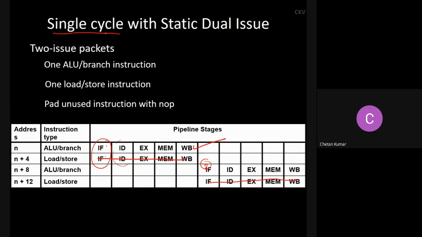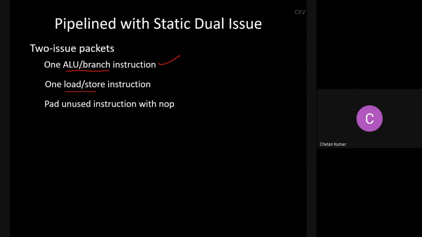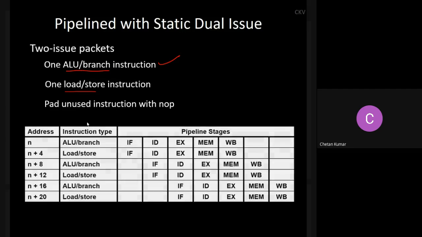The pipeline version will also look very similar. If you take the same example of issue packets, one slot is accommodated by an ALU or branch instruction, and the other slot in the same packet is accommodated by a load store. So this is how it would look. Only thing is, in a single clock cycle, two things are happening.